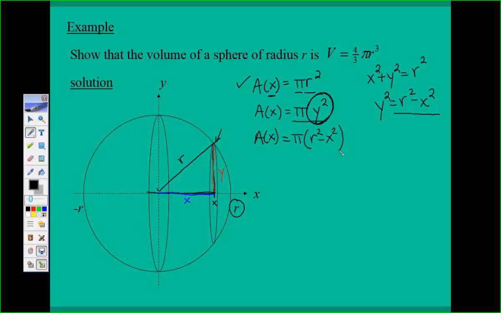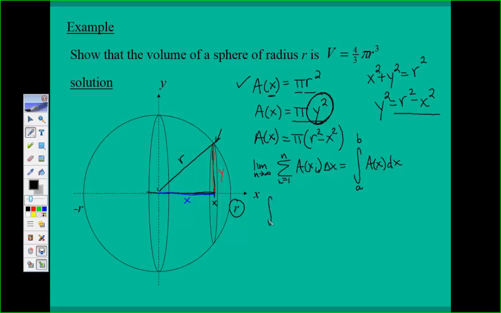Remember, we said that if we can find the area of the cross section times our delta x, and we take the limit as n goes to infinity, this is equivalent to the integral from a to b of A of x dx. So now we can write this as an integral.